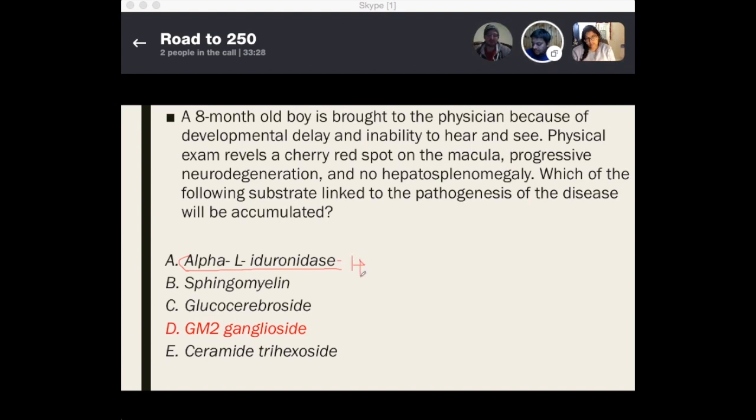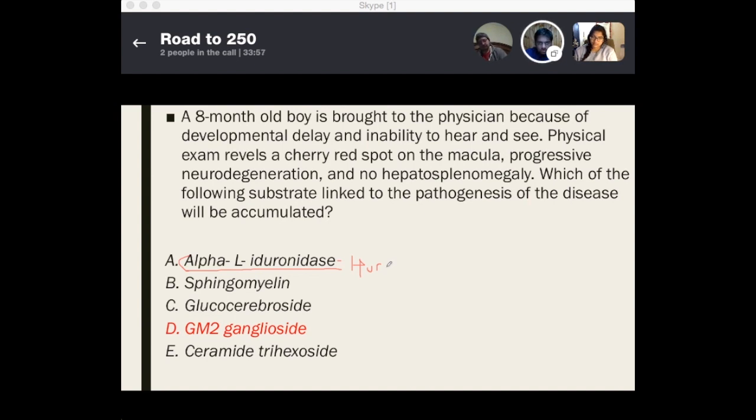Hunter's is iduronate sulfatase. This one is iduronidase. So what would accumulate in Hurler syndrome? Heparan sulfate or dermatan sulfate.